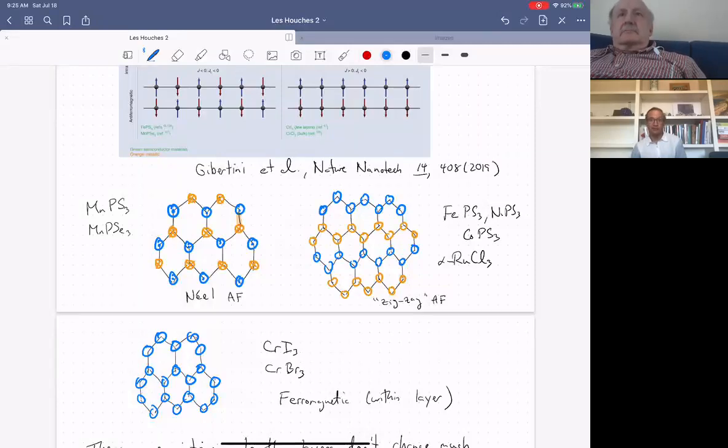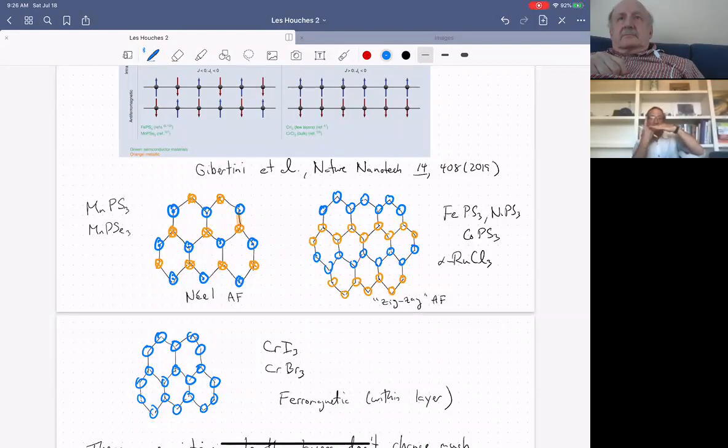Sorry, I didn't have room in this to show you much experiments, but for example, in chromium triiodide, you can see this interaction scale and probe it directly by introducing applied magnetic fields. If you have a system of two ferromagnetic layers which like to be antiferromagnetically aligned, no twisting here, just uniform, they're coupled by this weak energy scale.